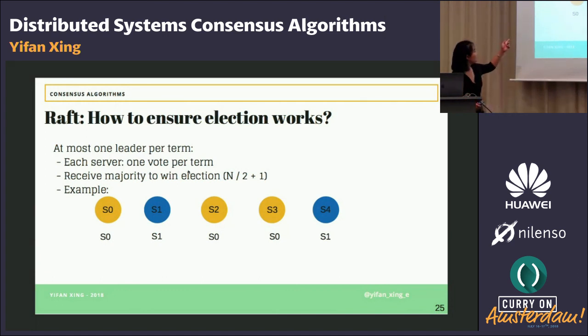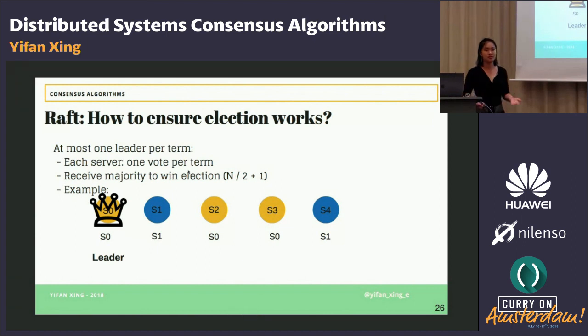So one example here would be if we have 5 servers in our cluster. If servers 0, 2, and 3 vote for server 0, and servers 1 and 4 vote for server 1, in this case, server 0 will win the election and become a leader because it received a majority of votes from the other servers.